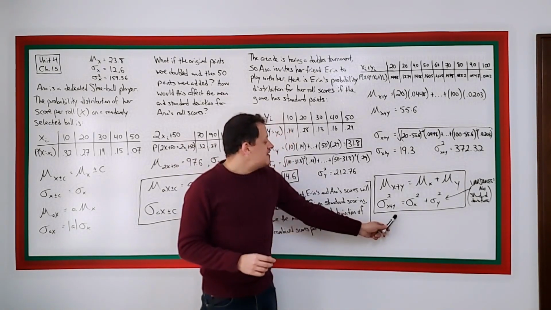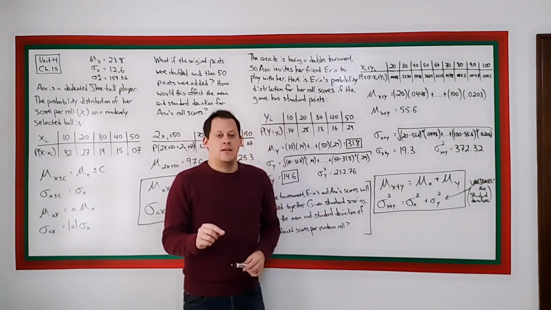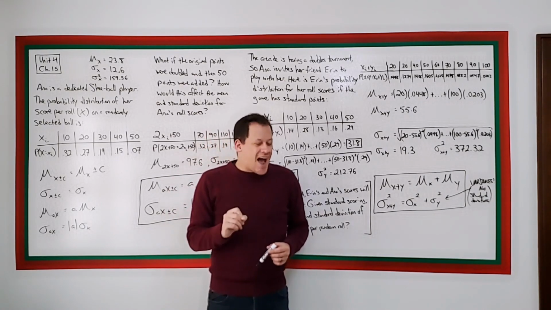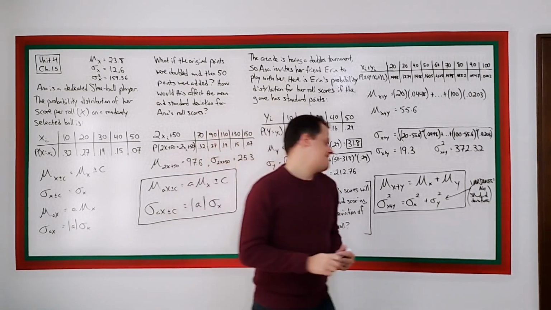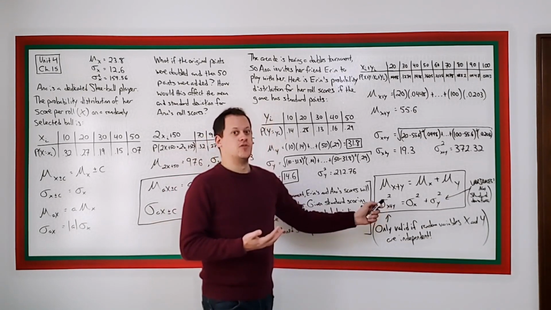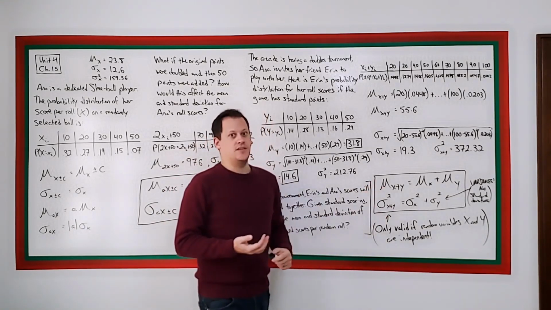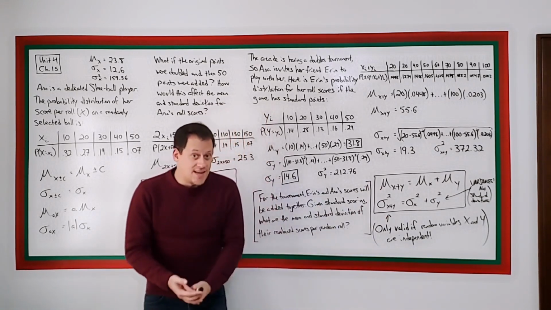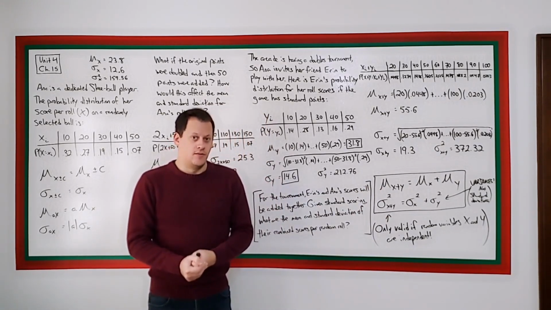So for these formulas to be valid, the random variables have to be independent of each other. Okay, so if we're talking about combining random variables together and finding their mean or standard deviation, you need the fact that they are independent, the random variables.